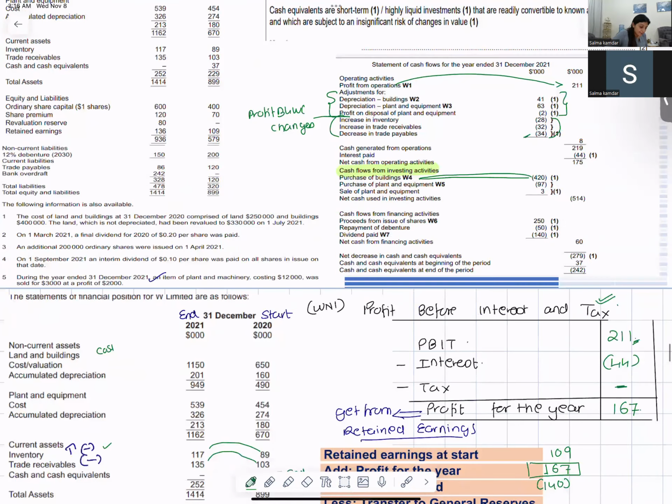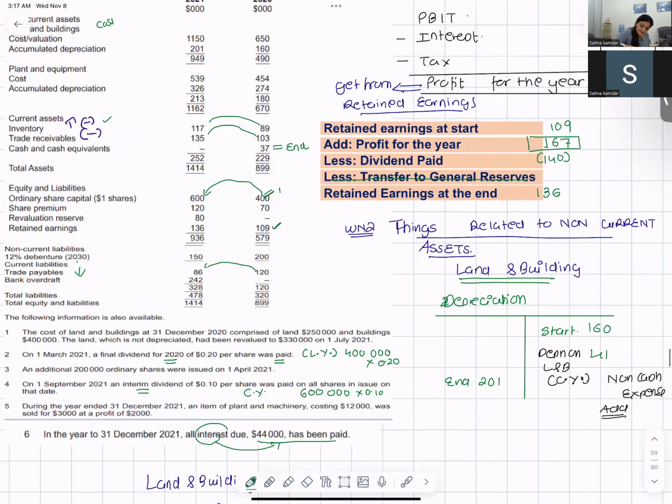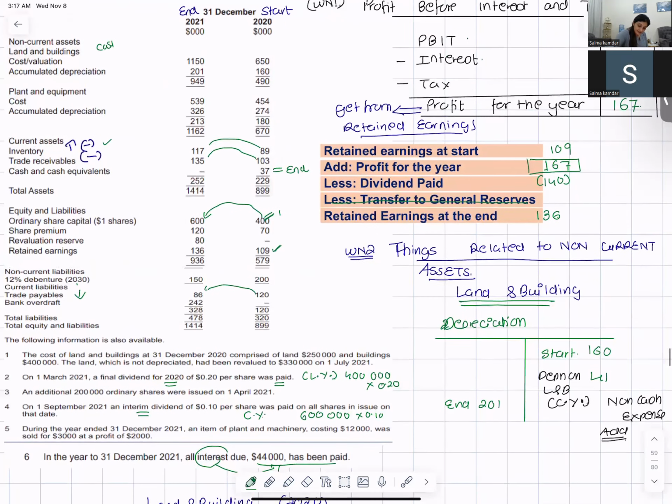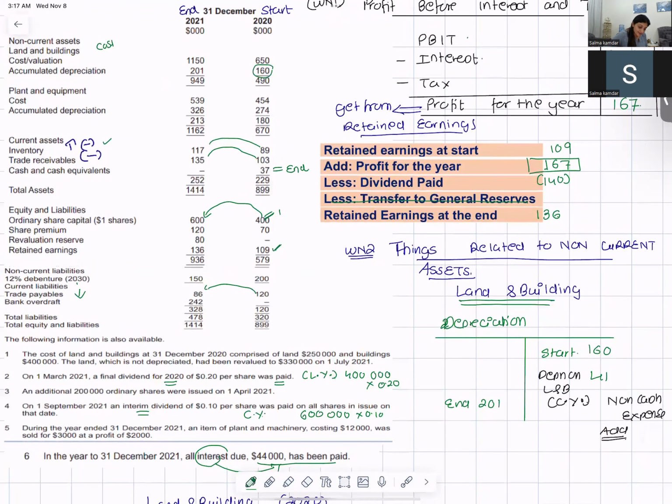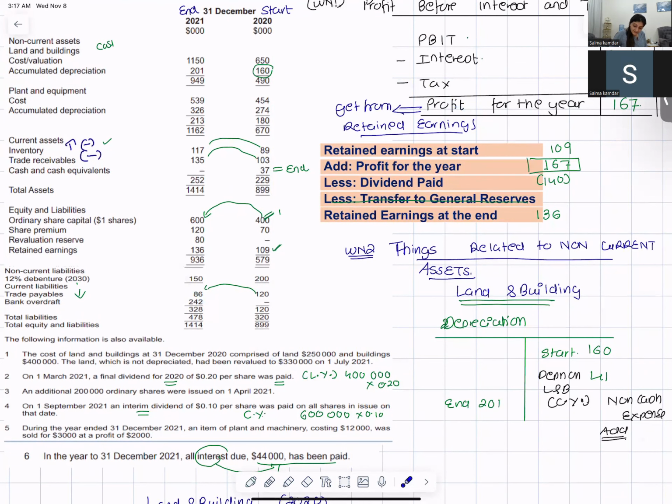Now I will go to the depreciation related to land and building. The depreciation at the start is 160,000. Depreciation at the end is 201,000. There are no other adjustments. I will close the account, 201 and 201. So I will get this 41,000, which is my depreciation on land and building.